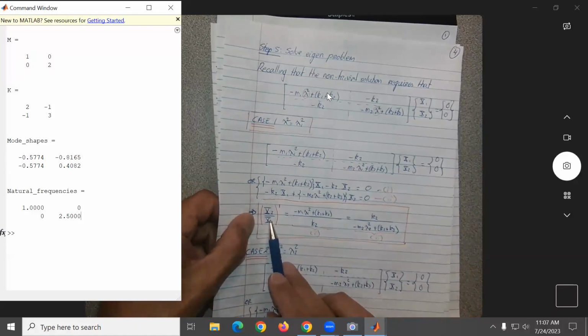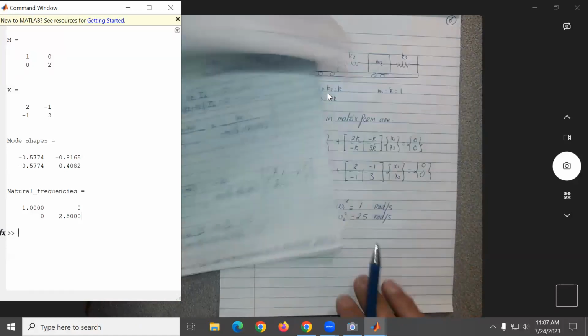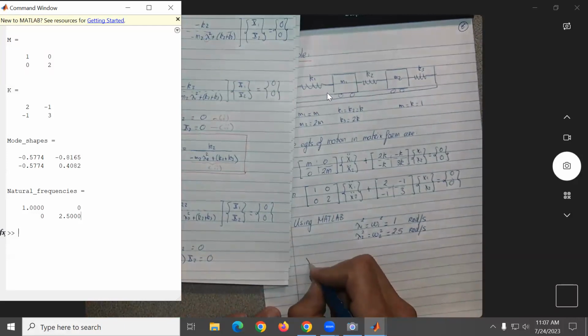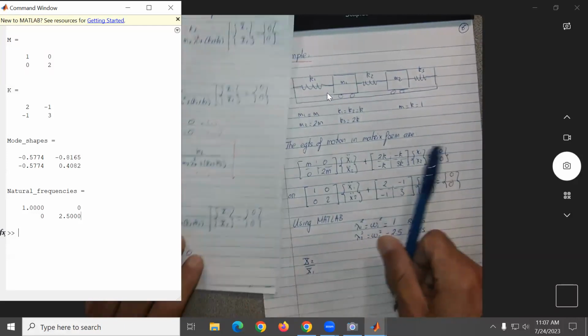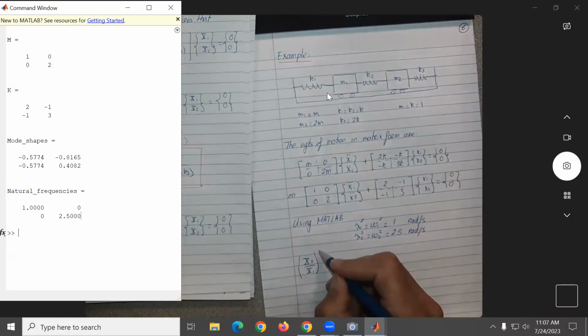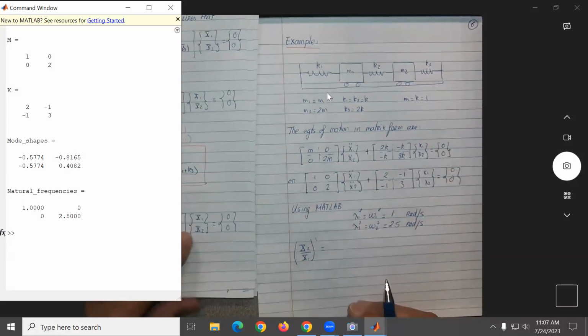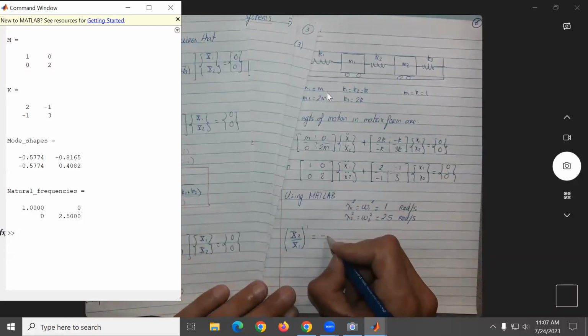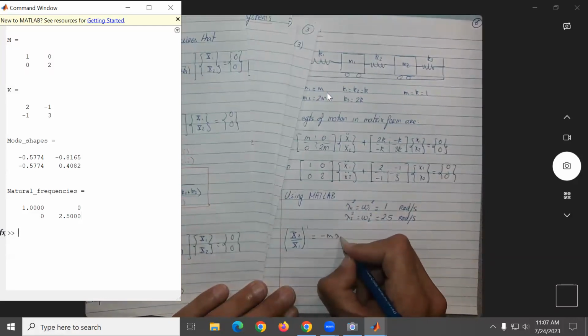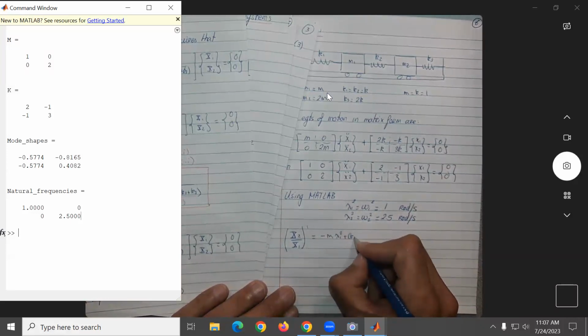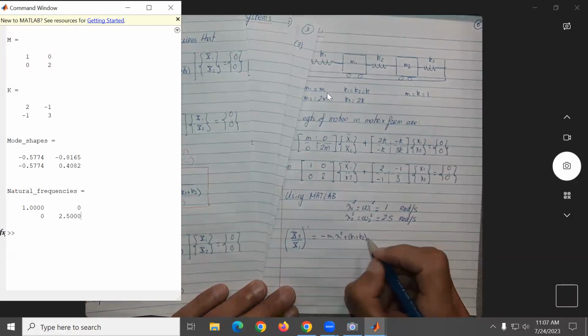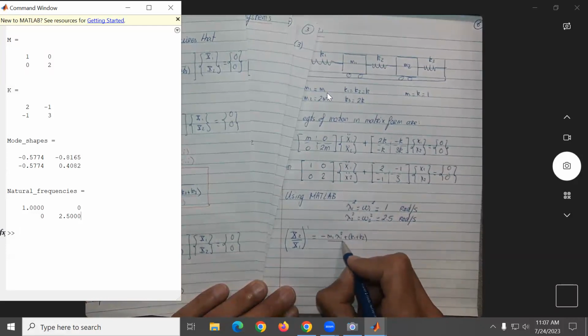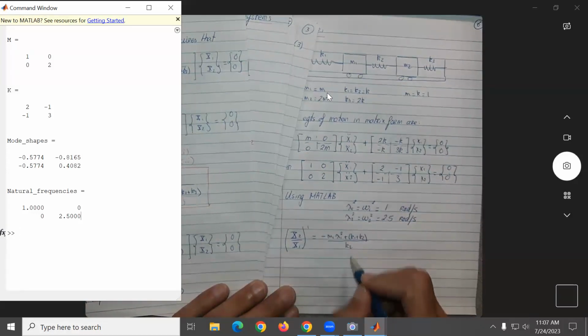Let me write it down: x2 over x1 for the first mode is equal to minus m1 lambda 1 squared plus k1 plus k2, divided by k2.